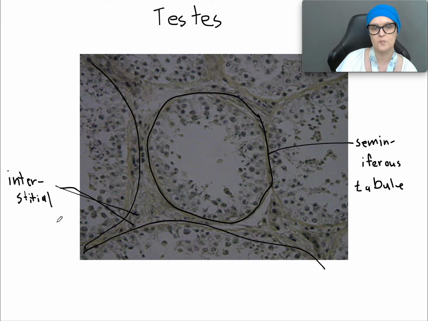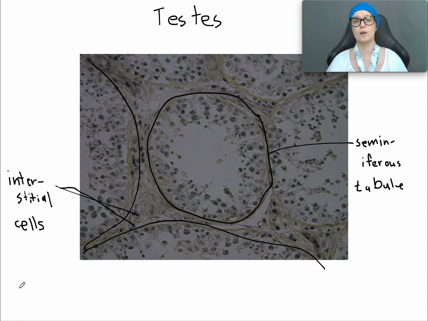I think the new lecture book calls them interstitial hormone cells, but for now we can still call them interstitial cells for lab. And we will talk all about what those do later this semester.